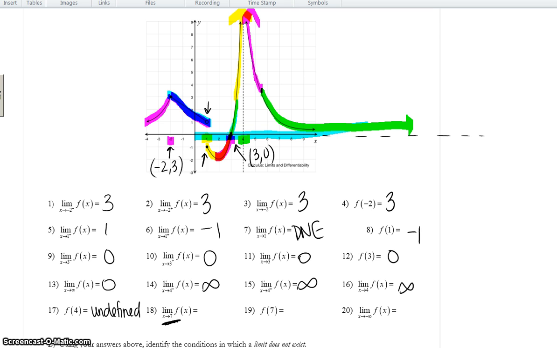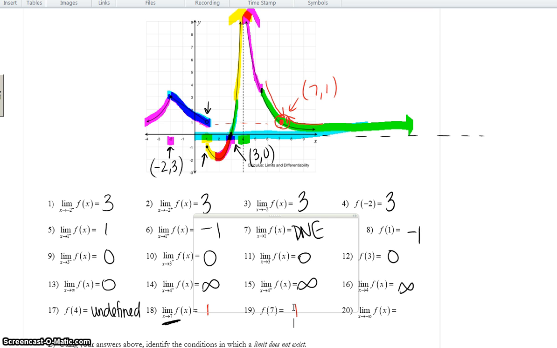So as x approaches 7 from the left, and as x approaches 7 from the right, we've got it at 1, it looks like. They both come at the same point, so it's 1. And f of 7, this point here is (7, 1). f of 7 is also 1.